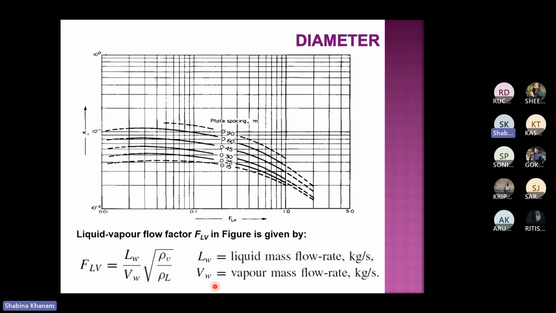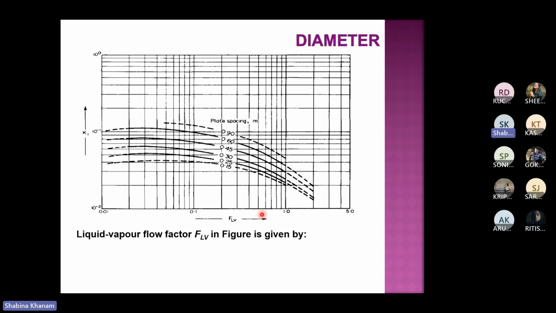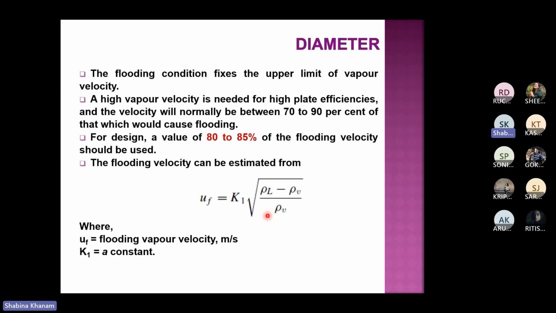At top and bottom this flow rate differs, and therefore you can have a different FLV value at two locations, and corresponding to two FLV, for the same spacing, you can have two values of K1. Once you have two values of K1, you can have two values of flooding velocity also.